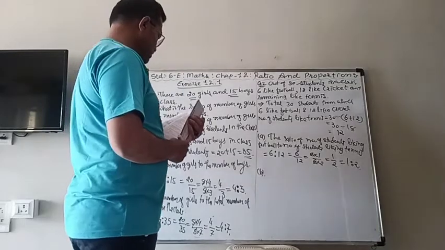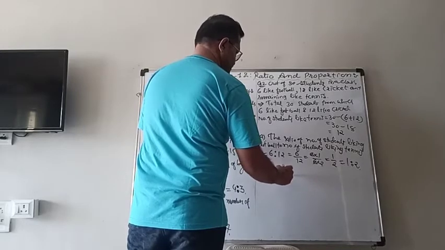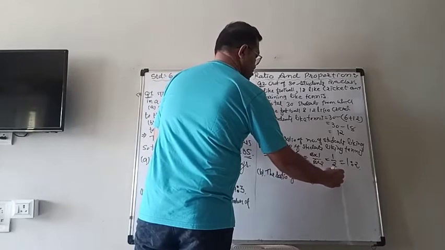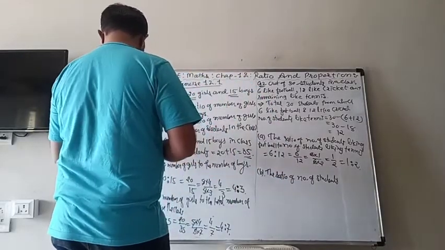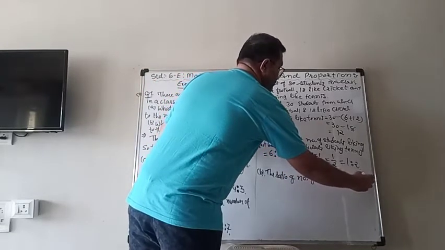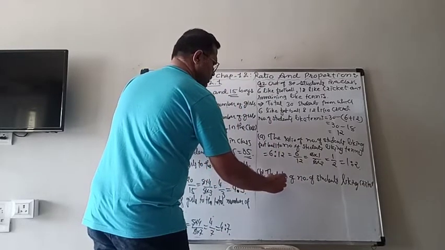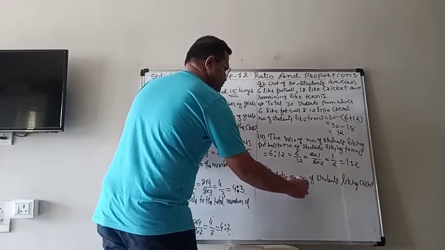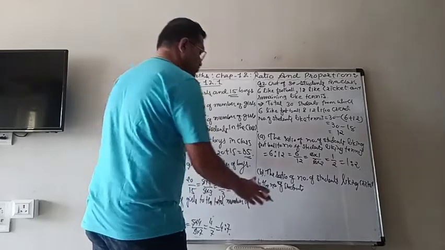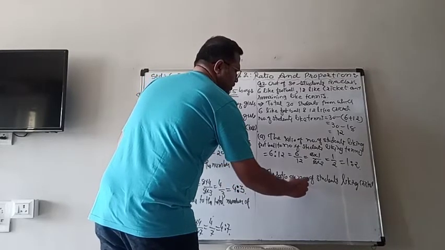And second, we have to find the ratio of the number of students liking cricket to the total number of students.